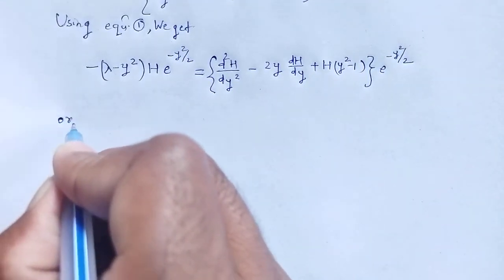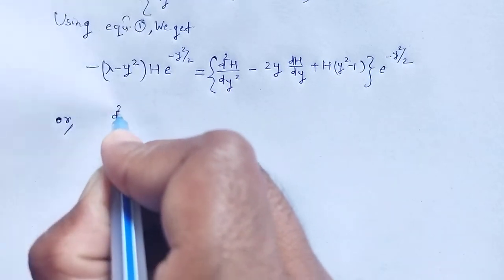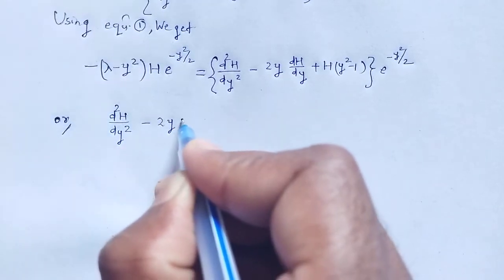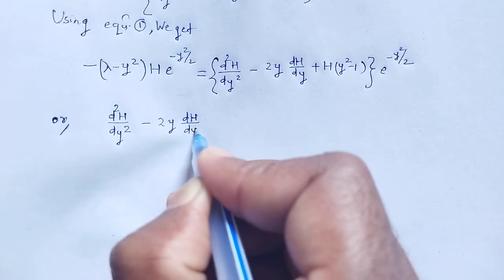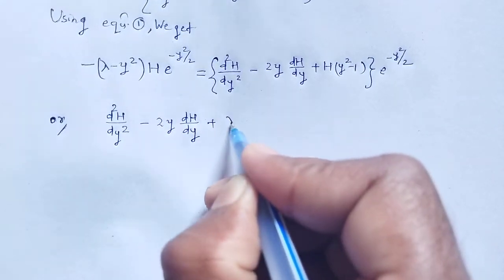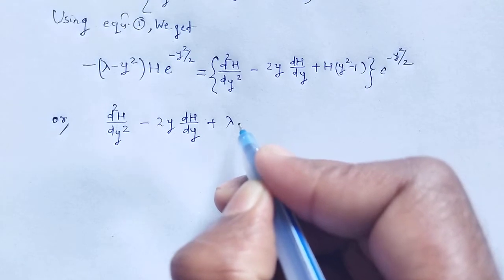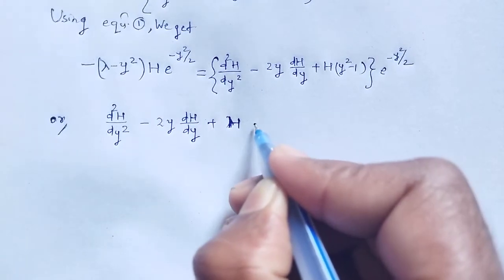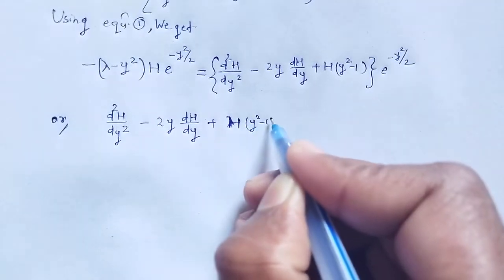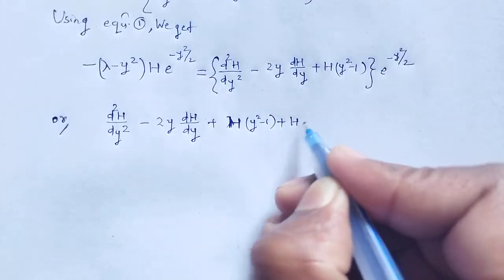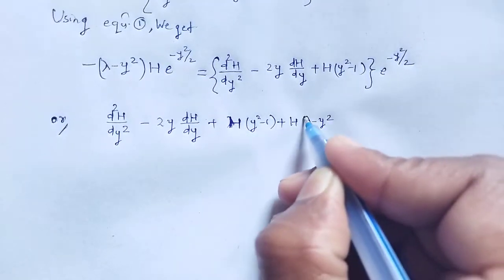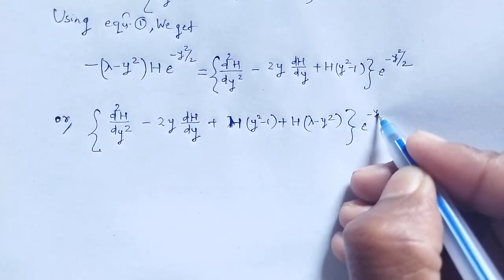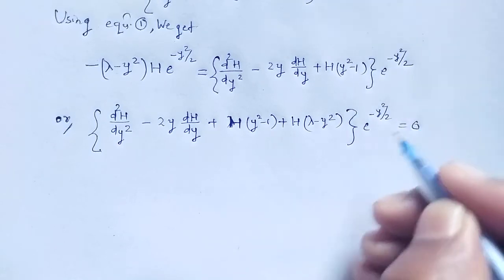Or d square h by dy square minus 2y dh by dy plus lambda plus h (y square minus 1) plus h (lambda minus y square) times e to the power minus y square by 2 is equal to 0.